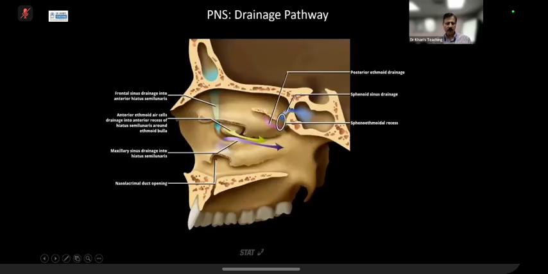And I want to repeat here that the posterior ethmoid air cells drain into this. This is known as the sphenoethmoid recess, and the sphenoid sinus also drains into this and into the nasopharynx.